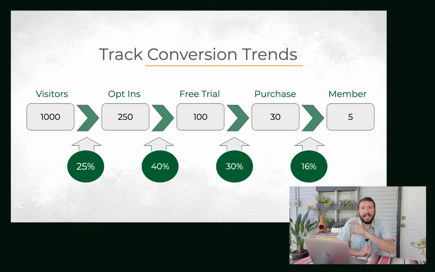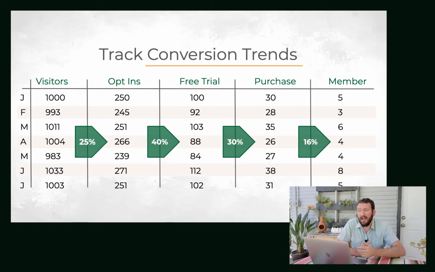So we want to take this process and graph that as well, and look at those conversion trends. If you have your data that you've retroactively collected or mined, or you are collecting new monthly numbers, you want to see how those conversion percentages track over time as well.